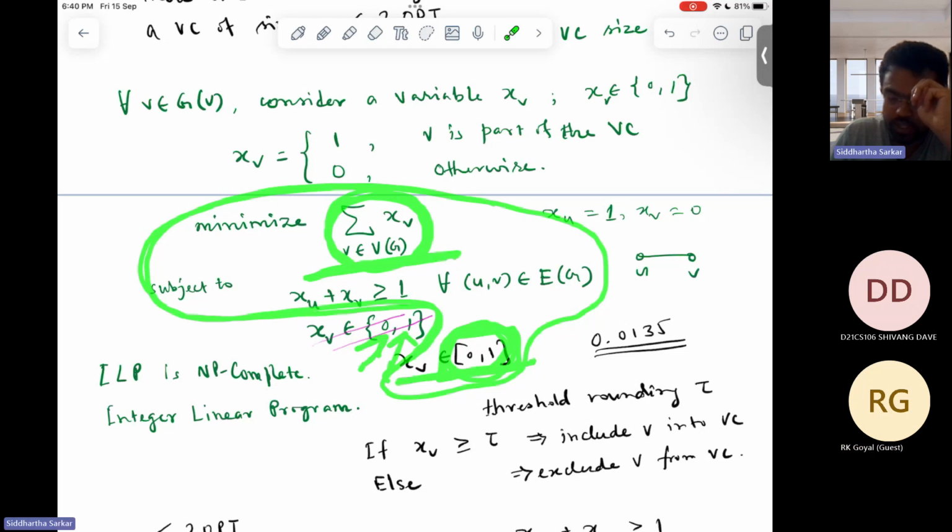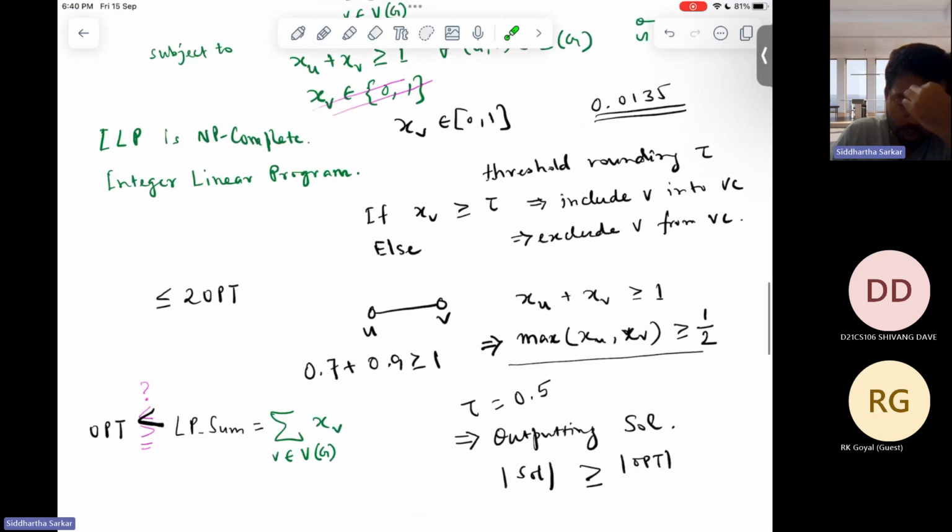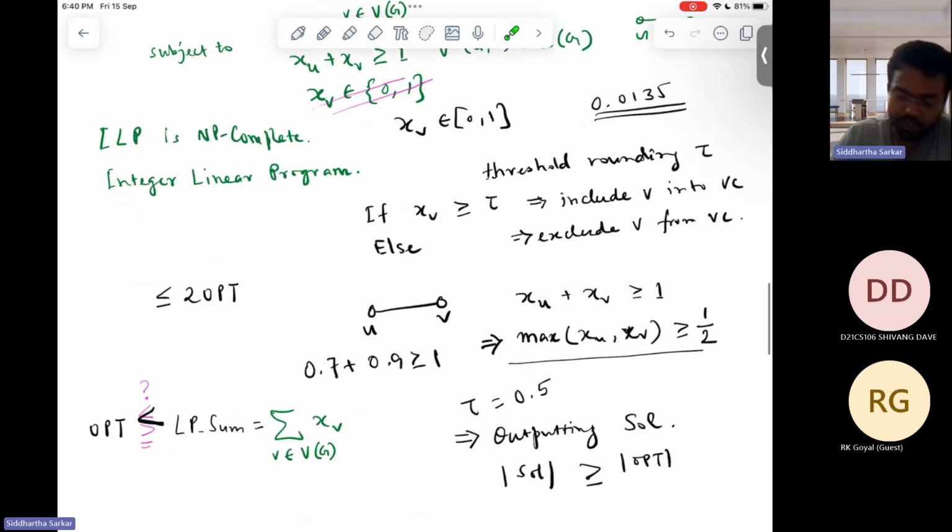So the LP sum that you will obtain is going to be smaller than OPT. OPT is at least the LP sum, because we're minimizing, so nobody can minimize beyond the LP sum. Does that make sense? Yes, fully makes sense.